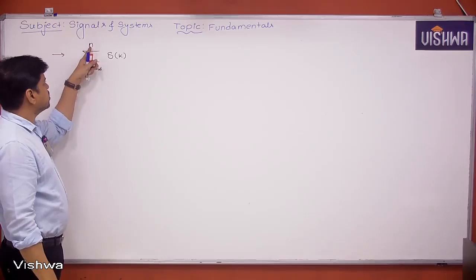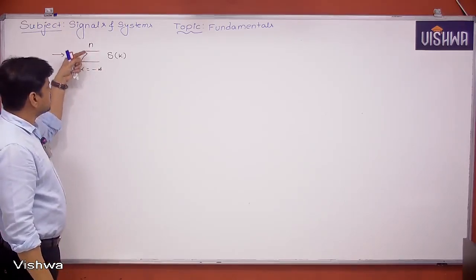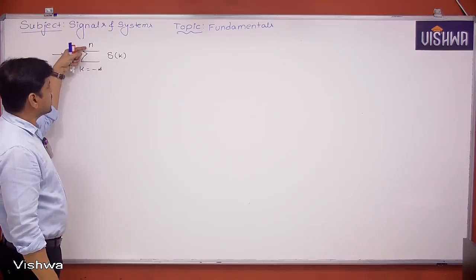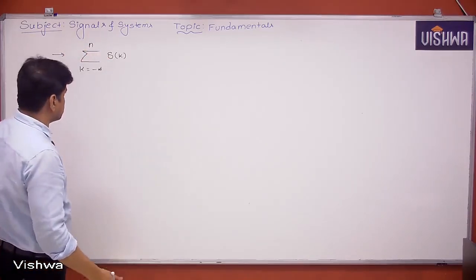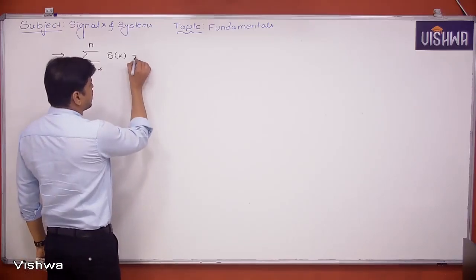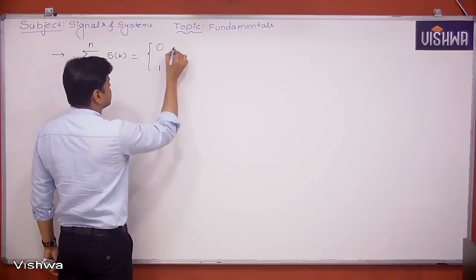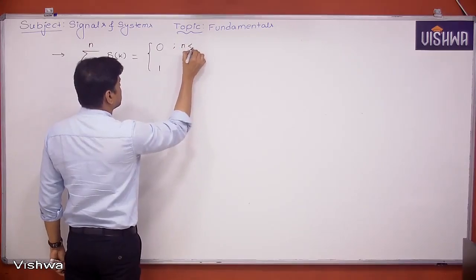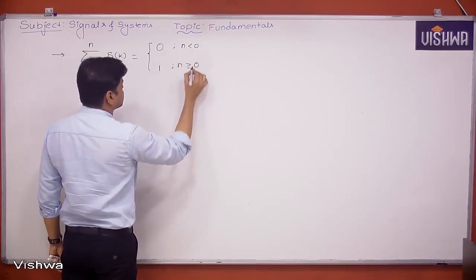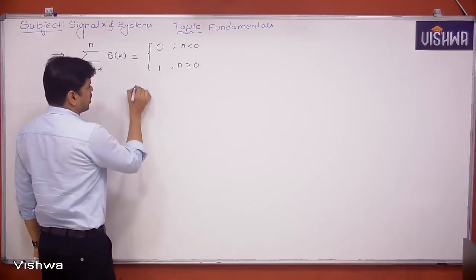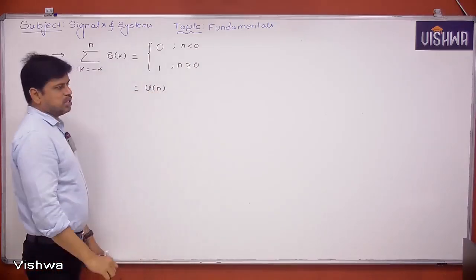If I take the summation from minus infinity to n minus 1, the impulse function does not exist there, so its value is going to be 0. So this can be 0 or this can be 1 depending on the n value. For n less than 0, its value is 0. For n greater than or equal to 0, its value is 1. So finally this is going to be u of n.